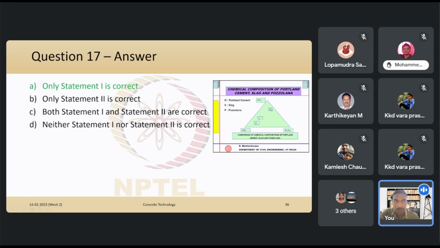Whereas pozzolana has higher SiO2 but CaO is much lower than OPC. Al2O3 is also lower. It is high in silica for pozzolana, whereas for OPC it is high in calcium oxide and not in silica.